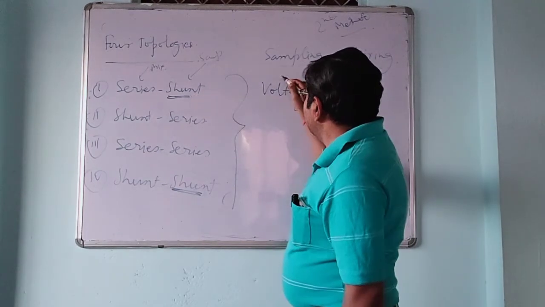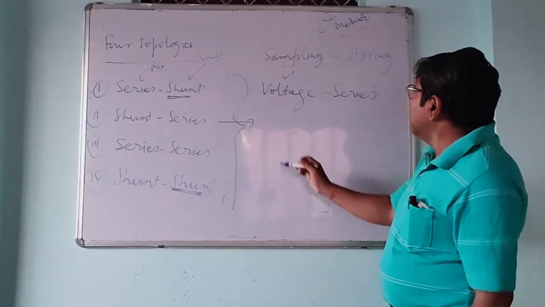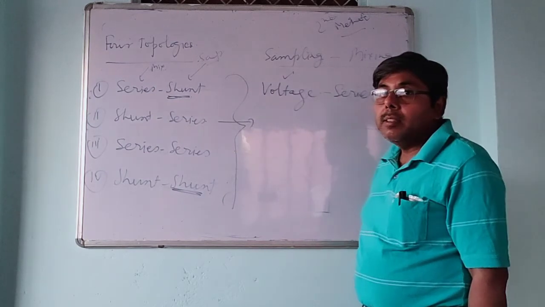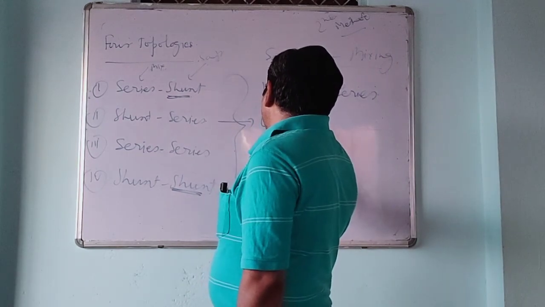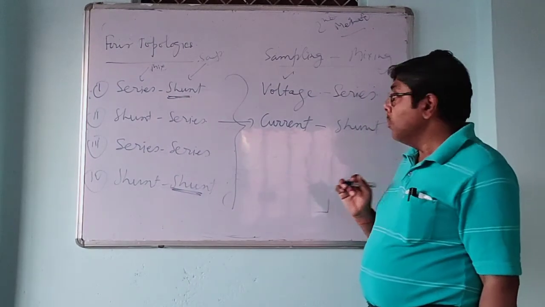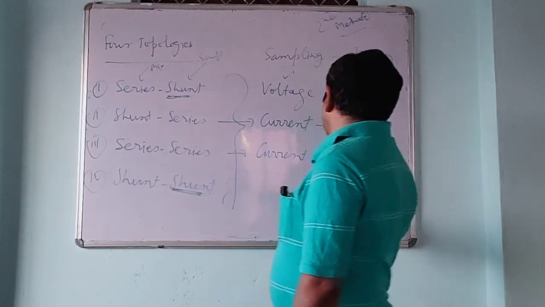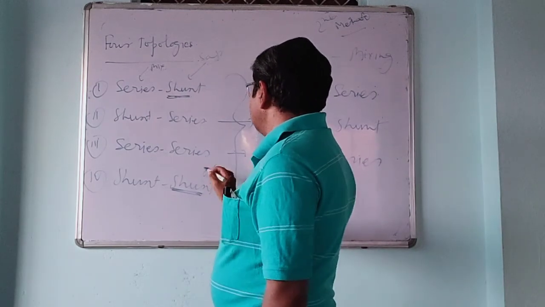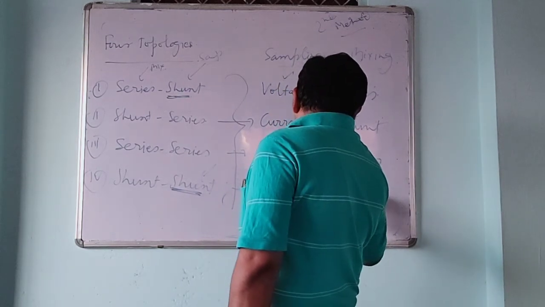Shunt term is used for voltage. So this is the first for this. Second term is series. Means sampling is performed in series. So in series, sampling means current. So this is the current shunt. This is the current series, and this is the first, shunt means voltage shunt.